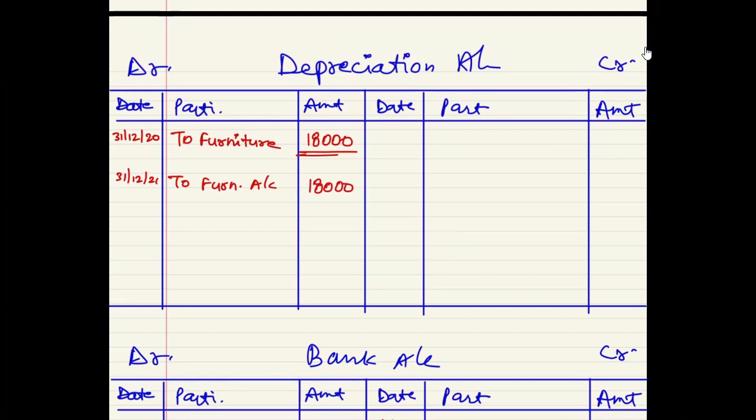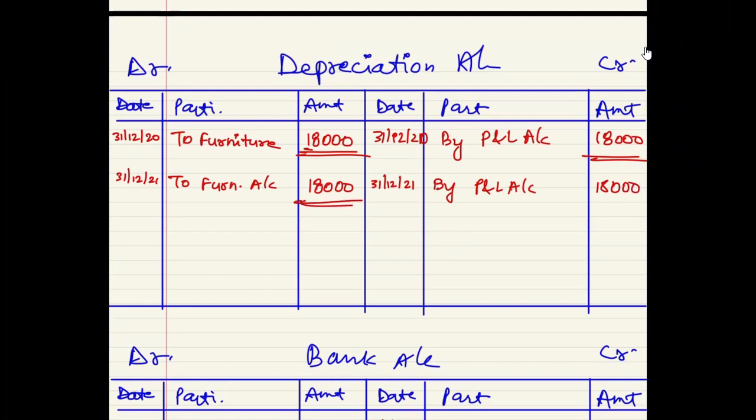And obviously in the earlier year, this was transferred on 31st of December 2020 by P&L account 18,000. So both debit and credit side is tallied. And again, in this year also, we have transferred it to P&L account. So by P&L account 18,000.